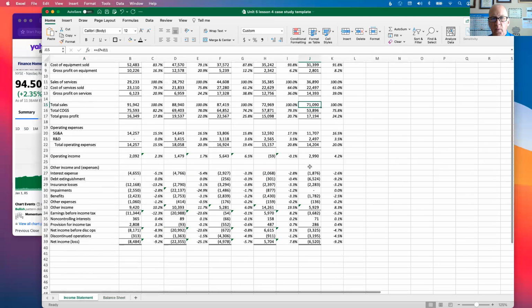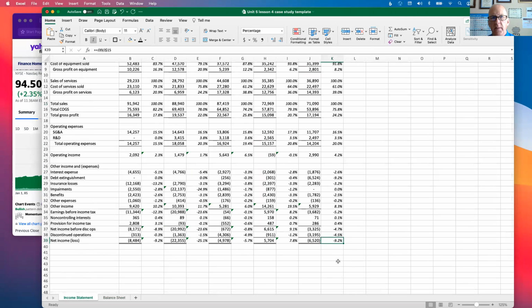And so if you look at 2021's profit margin, it's 0.092 something. And we can see a little bit more of that if we expand that cell formatting, but we don't really need to get that precise.